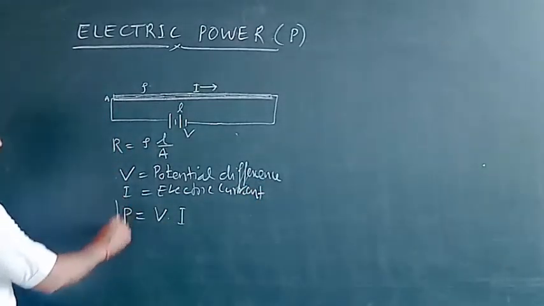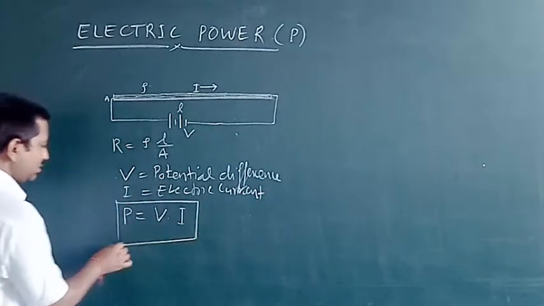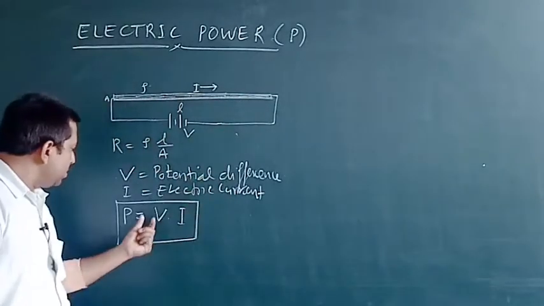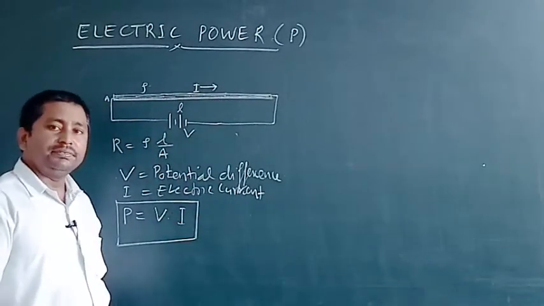So the power dissipated in this conductor is V dot I.